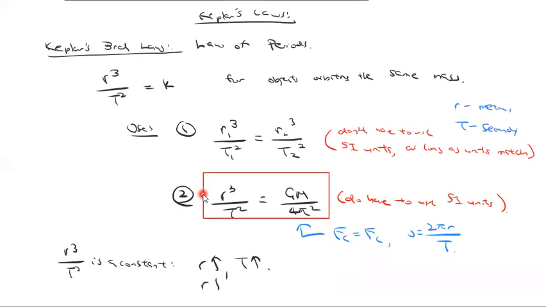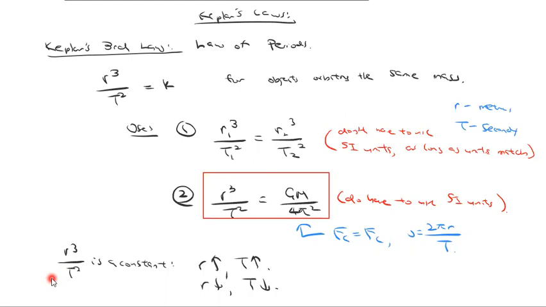And obviously if r goes down, t must go down. What that basically means is the further out you are, the longer it takes for you to complete one orbit.